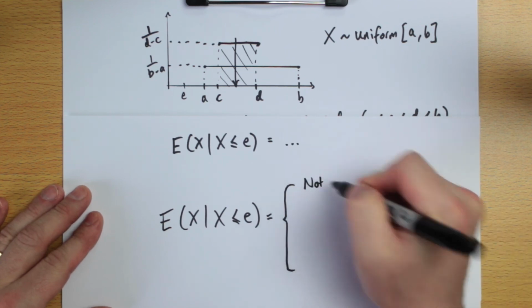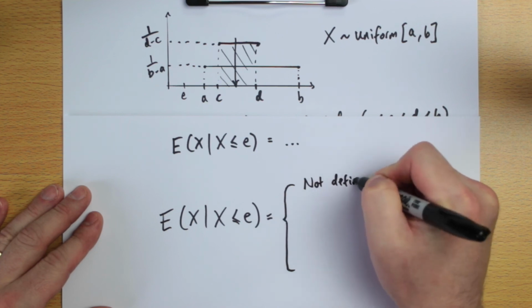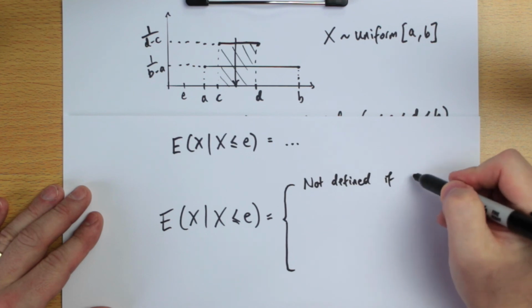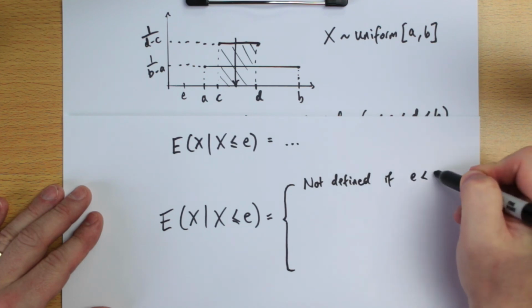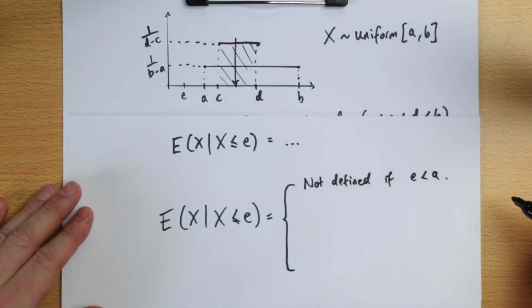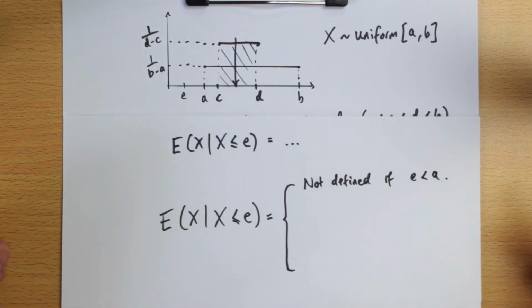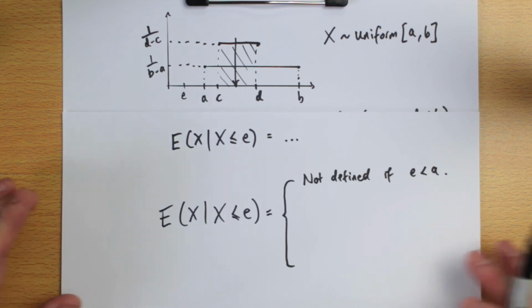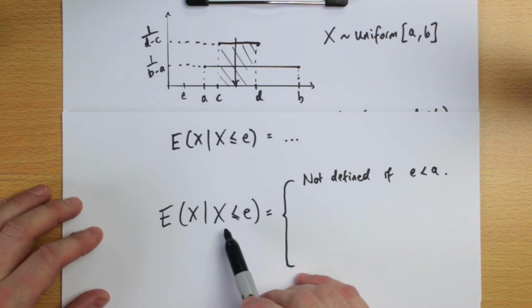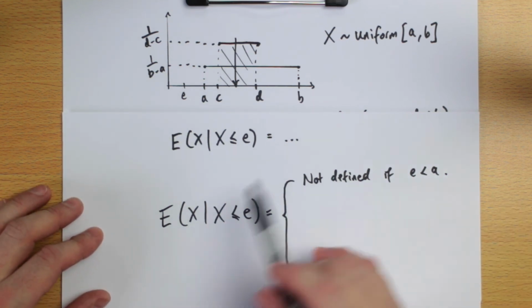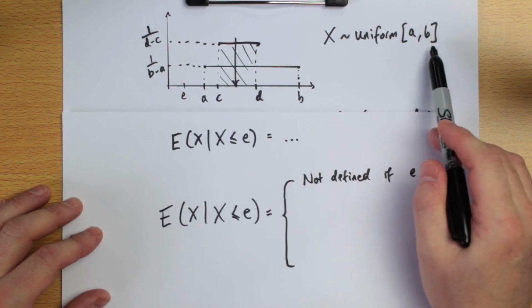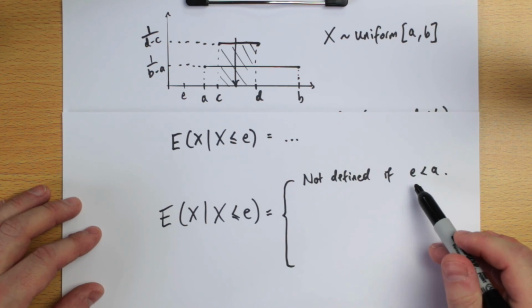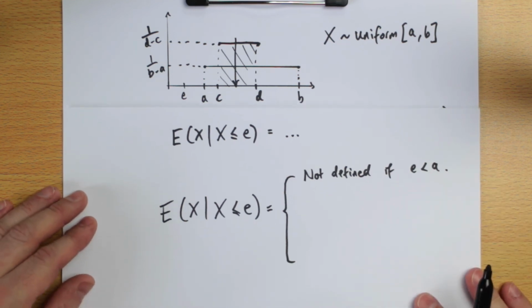So we'd say that's not defined if e is less than a. Essentially we'd be trying to find the expected value of an empty set, which you can't do. So given that we believe x already lies between a and b, if we're then told to condition on it being less than e, our expectation's not defined.